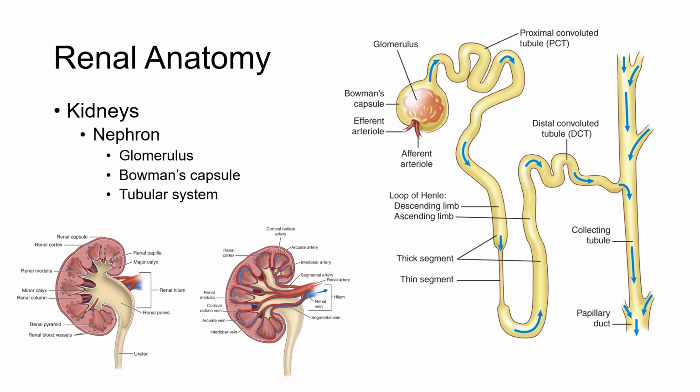Each nephron has a glomerulus, Bowman's capsule, and a tubular system, which you can see here. This becomes very important when we talk about how electrolytes are excreted from the body and how that all ties into our fluid balance.